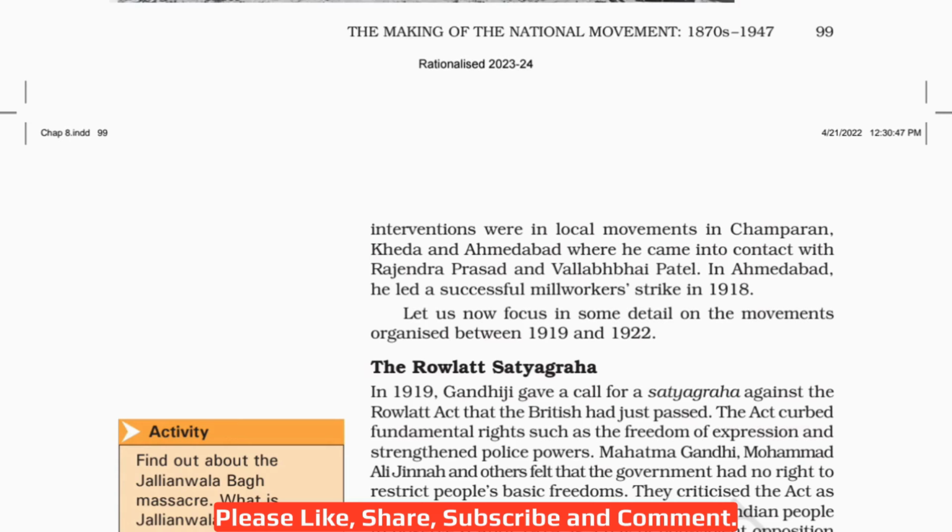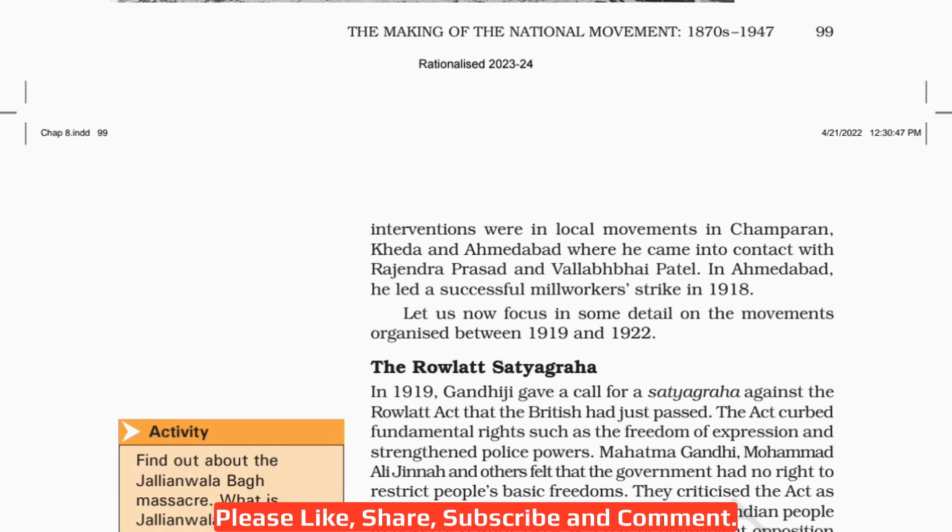He led a successful mill worker strike in 1918. Gandhiji held three local satyagrahas: at Champaran in 1917, then in Kheda in 1918, and in Ahmedabad in 1918 again. In 1919 he started a nationwide satyagraha against the Rowlatt Act.